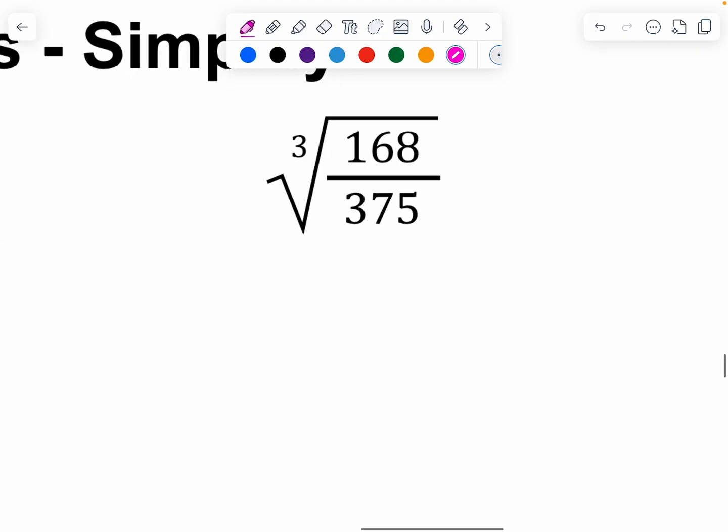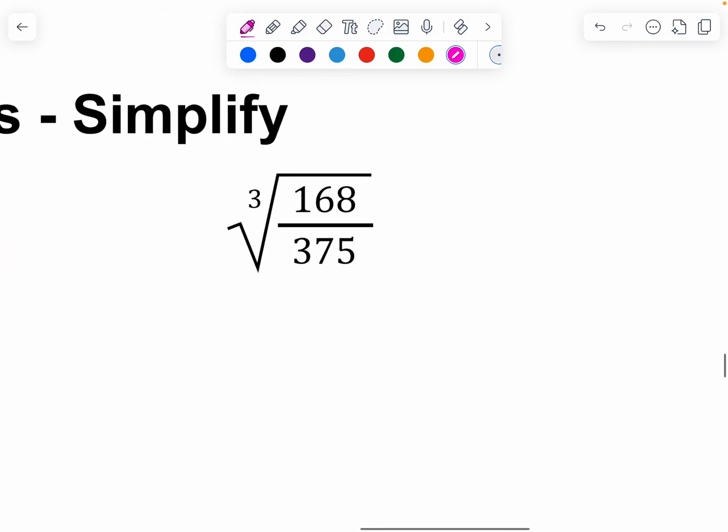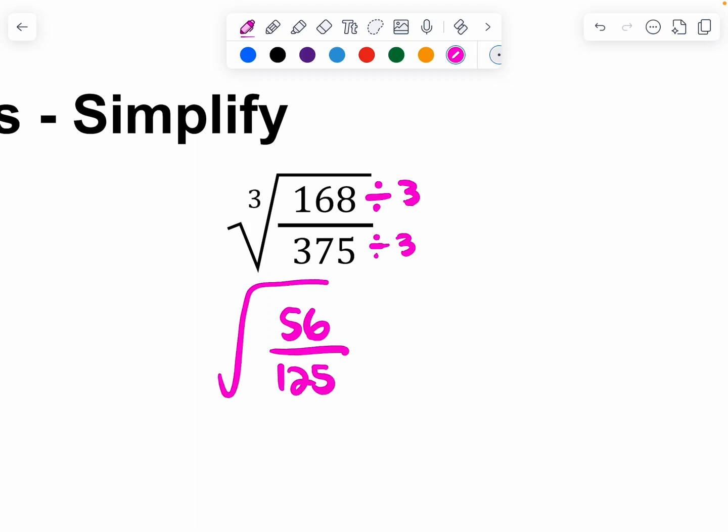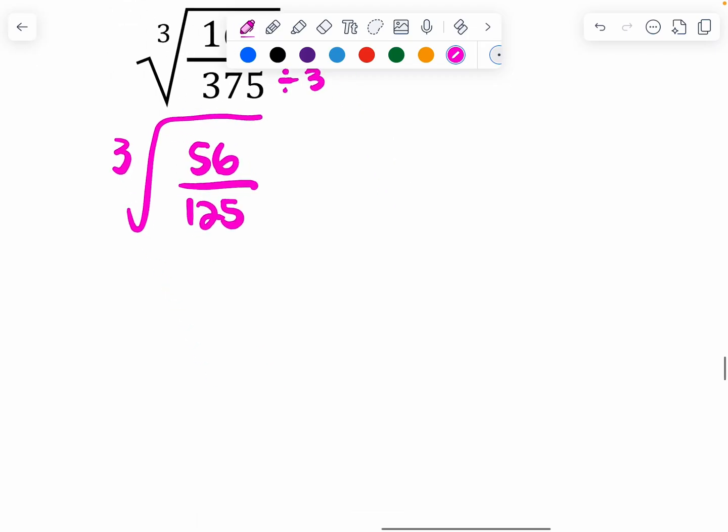Okay, and this one, 2 doesn't go in. Does 3 go in? 375 divided by 3. Yep, 3 goes into both of these. So 168 divided by 3 is going to get me 56. 375 divided by 3 is going to get me 125. Take the cubed root.